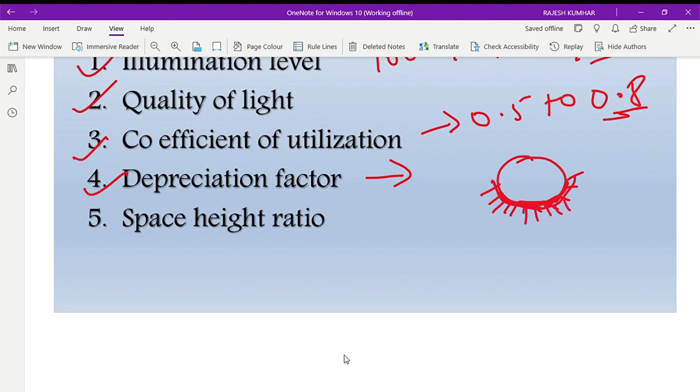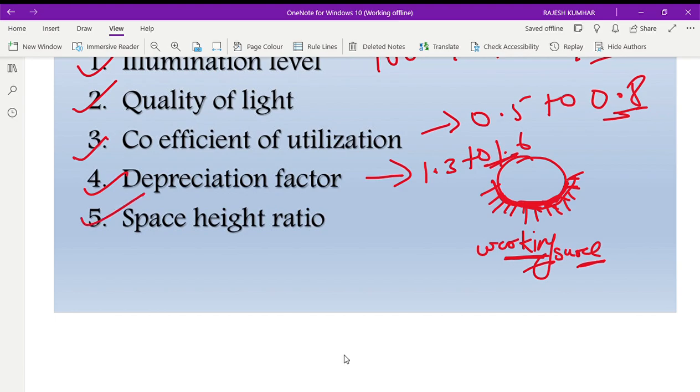So we are not getting the exact efficiency of that material at the working surface. Usually the depreciation factor ranges from 0.3 to 1.6.